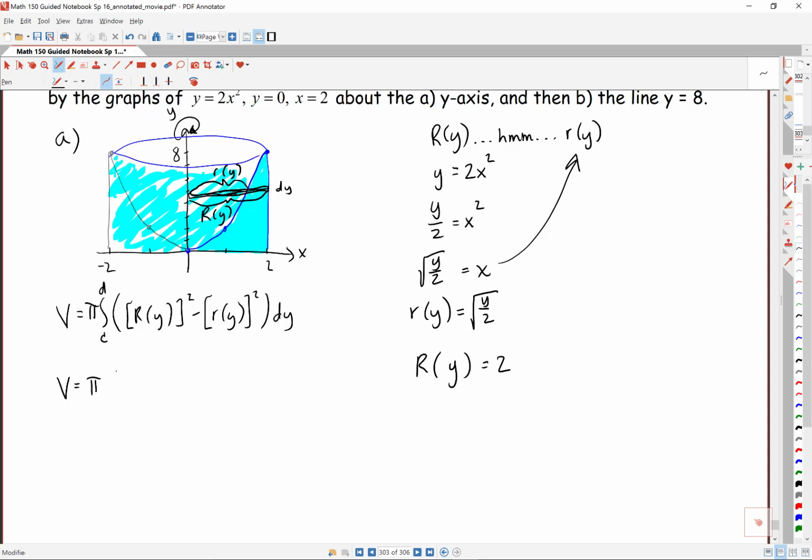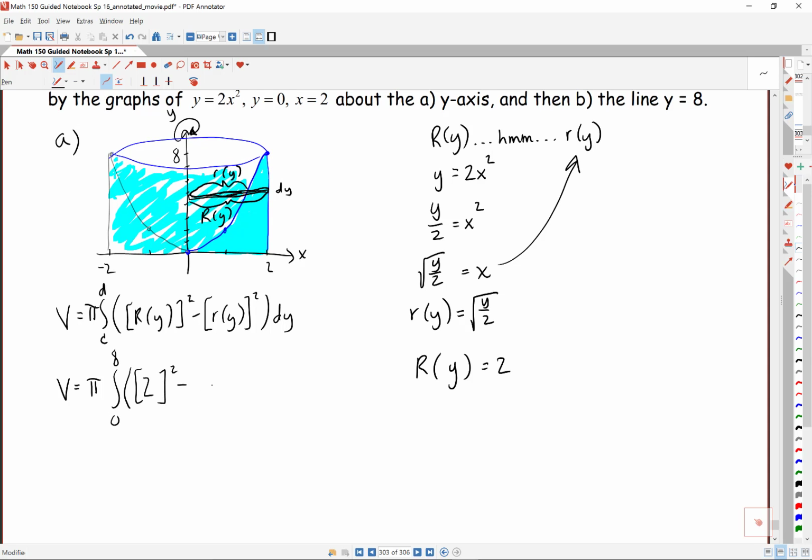Beautiful. It's going from 0 to 8. And then we'll put in our capital R of y was 2, squared. And then our little r of y was the square root of y over 2, and that's going to be squared with respect to y.